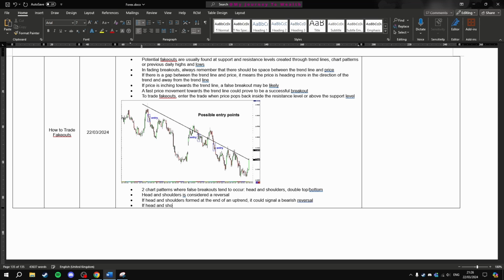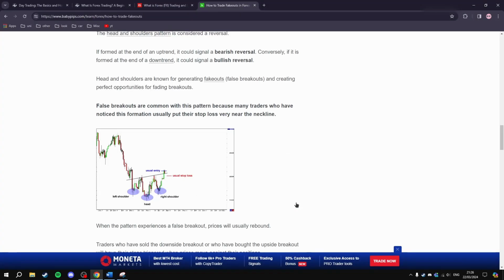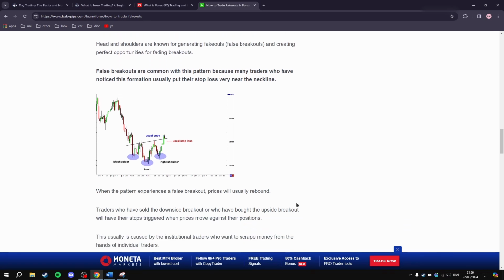If formed at the end of a downtrend, it could signal a bullish reversal. Head and shoulders are known for generating fake outs and creating perfect opportunities for fading breakouts. False breakouts are common with this pattern because many traders who have noticed this pattern usually put their stop loss very near the neckline.